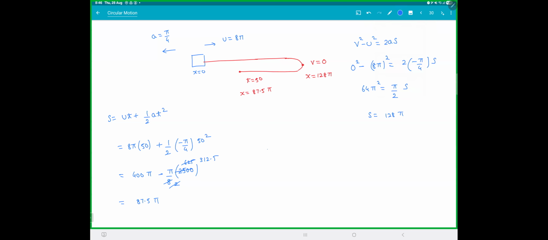So what's the total angle rotated? Total angle rotated, you went from 128 pi to 0, plus 128 pi minus 87.5 pi. Basically this distance and this distance. How much is this?